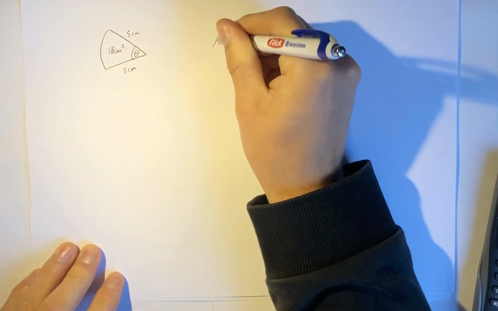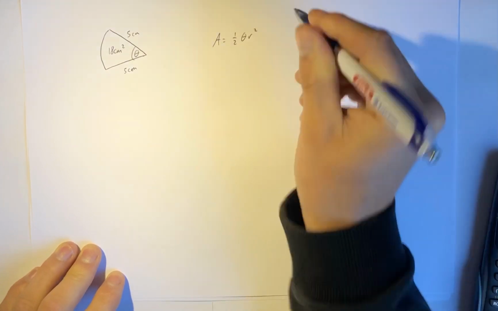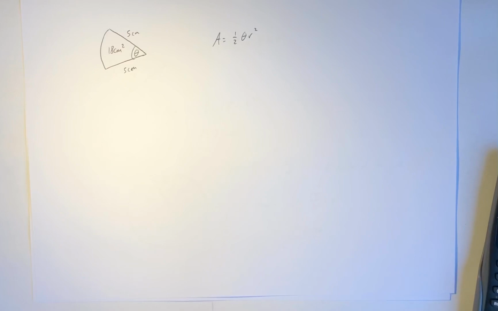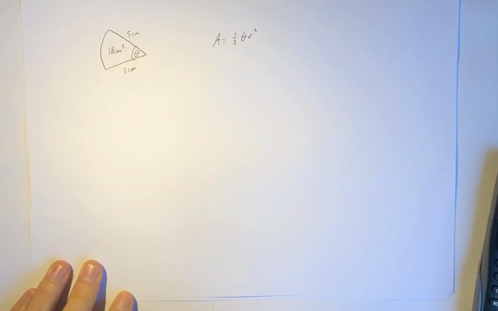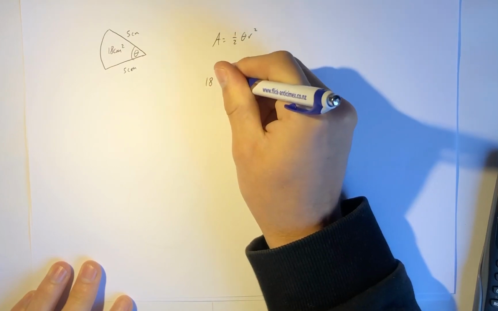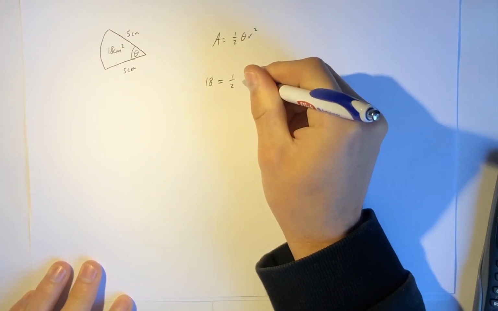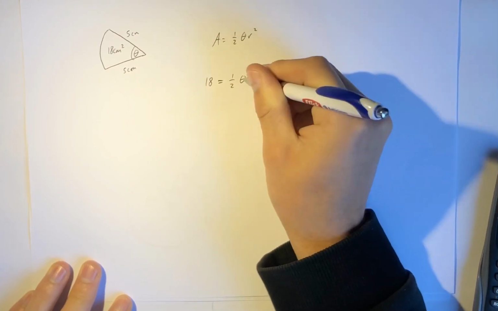Well, area is a half theta r squared, and we could rearrange this now. You can rearrange it before or after you put the numbers in.